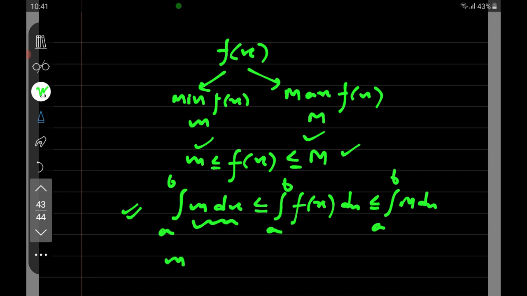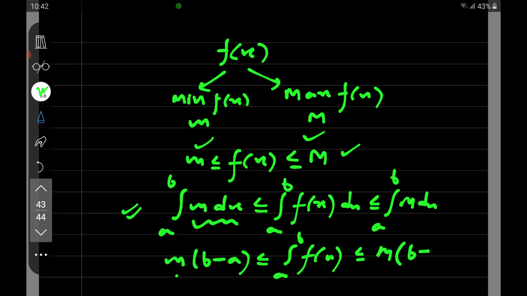M is a constant term, we can take it outside, and the integration of 1 is x, so b minus a. So the equation reduces to this: integration of a to b f(x) dx lies between minimum value into b minus a and maximum value into b minus a.